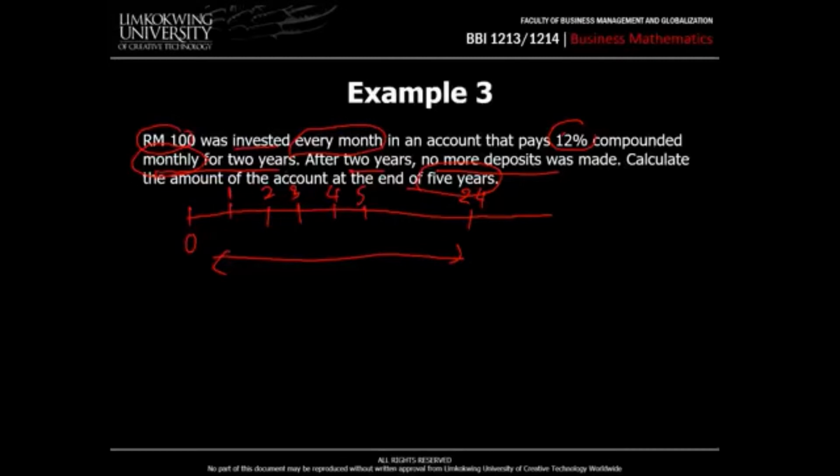But we calculate the amount in the account at the end of 5 years. So it means that 100, 100, 100 was invested until 24 months, until 2 years. After 2 years, no more deposits were made, so 25, 26, 27 until how long for 5 years? How many months for 5 years? 60 months. So here no deposits were invested.